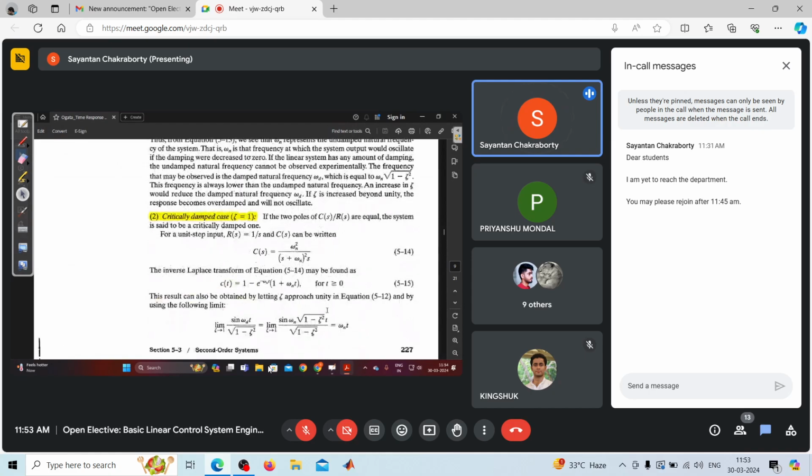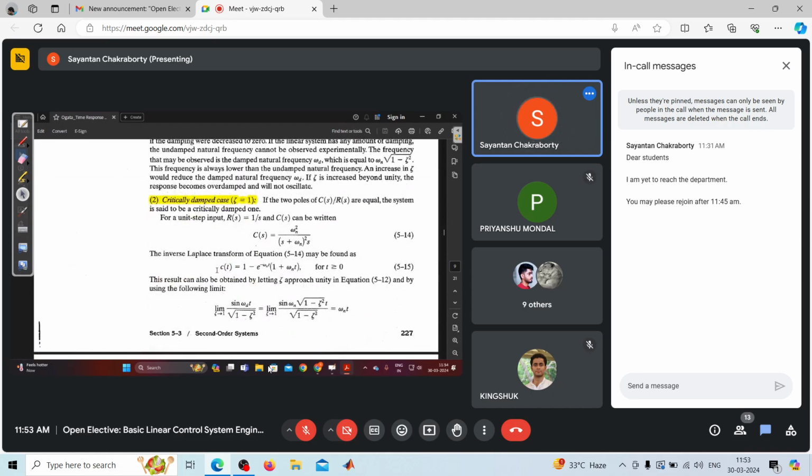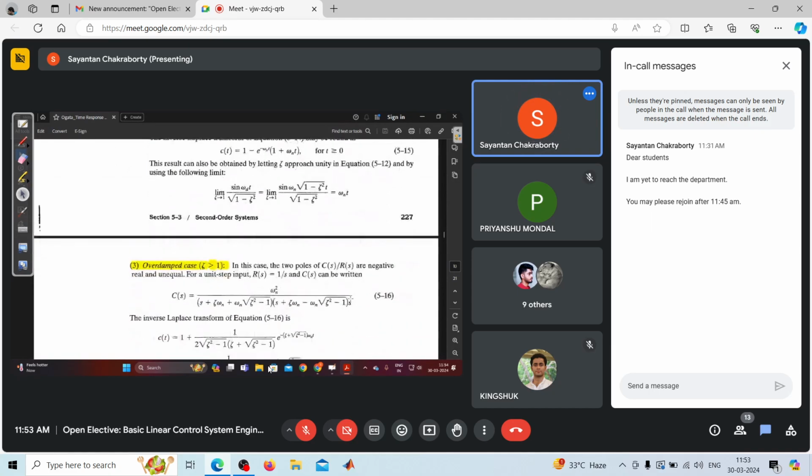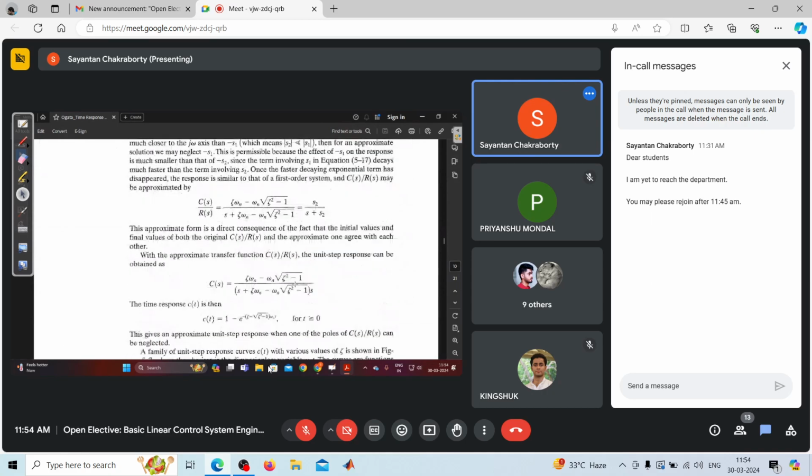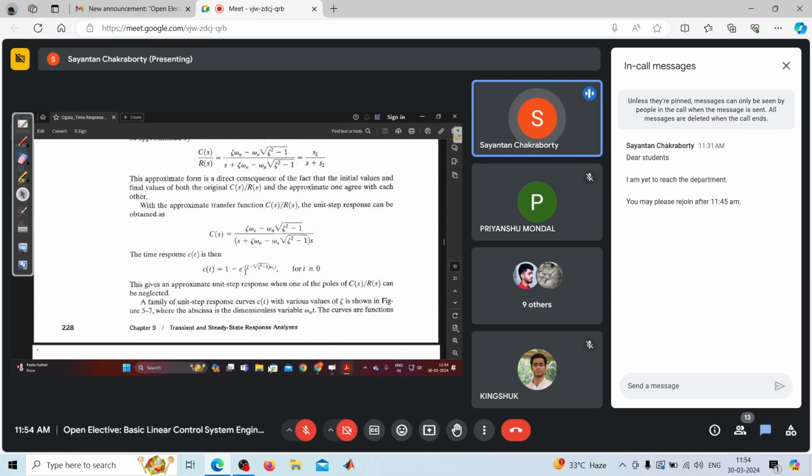Next, for the critically damped case, where zeta is equal to 1, we found the expression for c(t) to be this. And for the overdamped case, we found c(t) to be this, where the dominant pole, that is the pole which is near the origin in the s plane, has a more prolonged or sustained response.